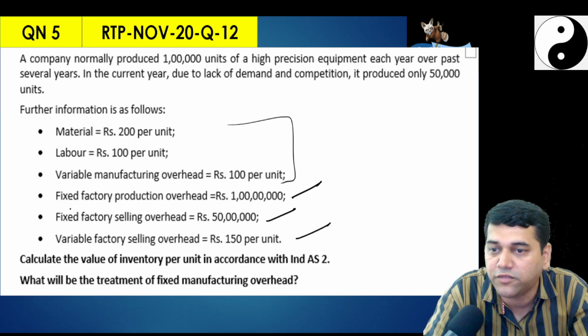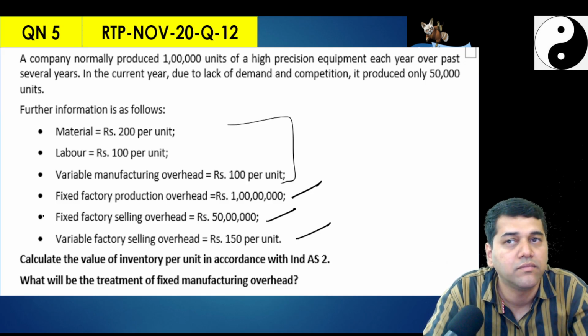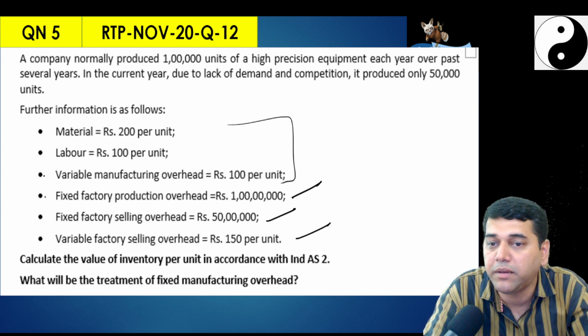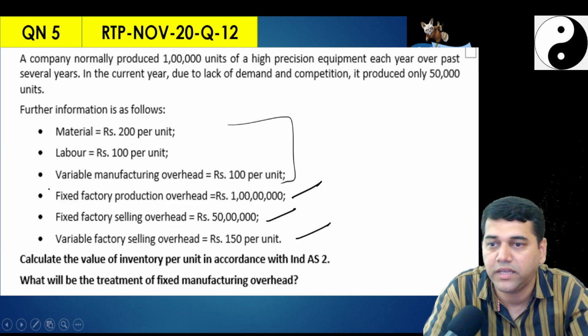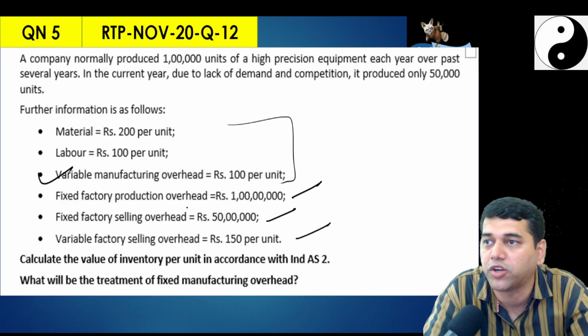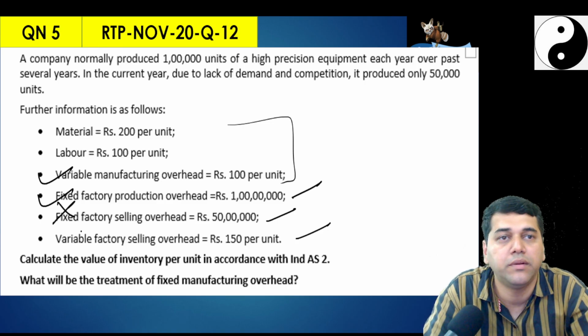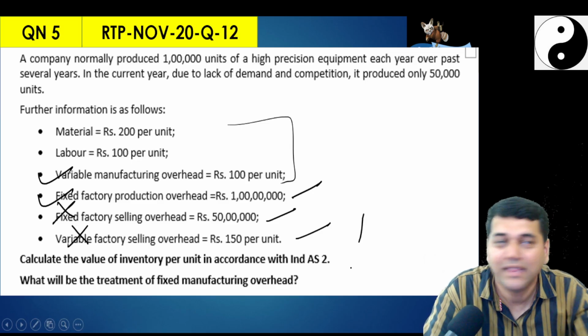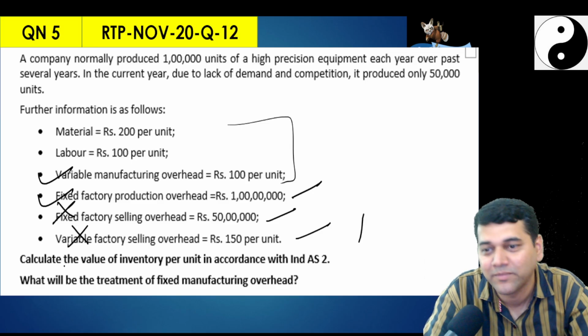Will you consider this factory overhead? Will you allocate variable manufacturing overhead? Yes. What about the fixed factory production overhead? Selling overhead? No. Variable? No. But if you want 1 mark, tell that we are not going to consider it.